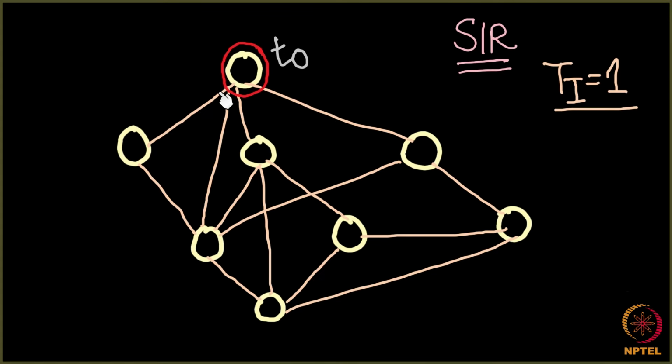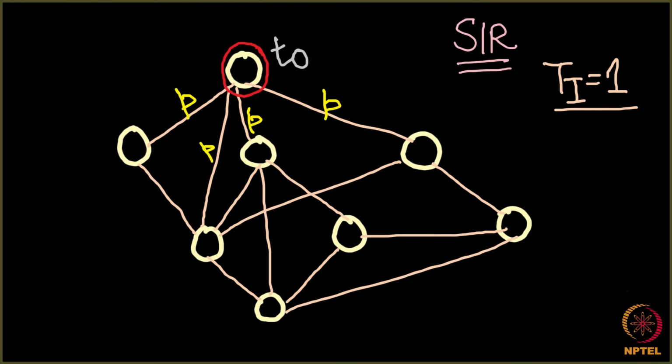Now this node has 4 neighbors, and it gets a chance to infect each of these neighbors. I'm sure you know how this process occurs. Each of the edges over here has a probability P of infection.